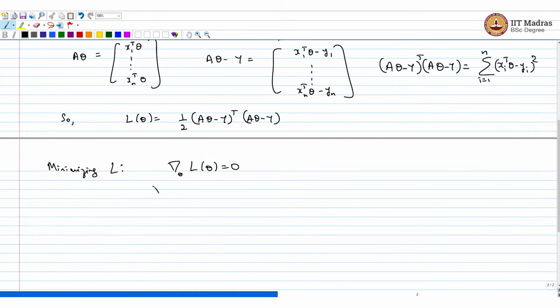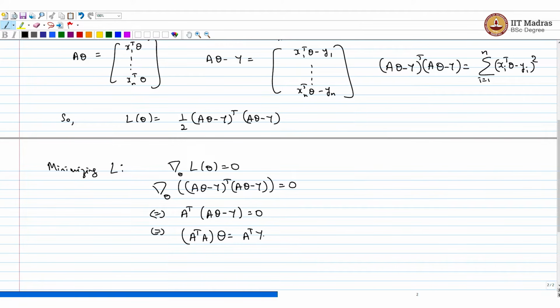I can ignore the constant. The gradient of A theta minus y squared equals 0 is the same as setting A transpose into A theta minus y equals 0, which is equivalent to A transpose A theta equals A transpose y.